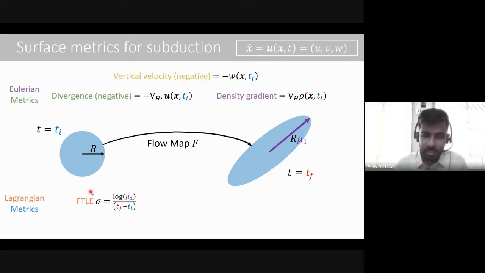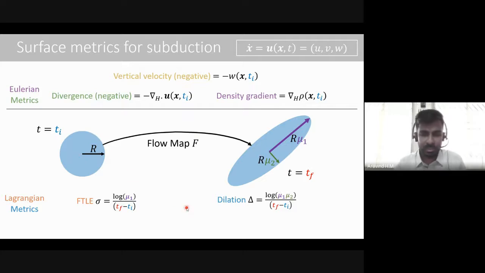So essentially, the metric FTLE tells you how much normal repulsion is there in one region. And for the other Lagrangian metric, I consider the other singular value as well. And considering the product of the two singular values lets me talk about how much area contraction or expansion is there associated with the initially circular fluid patch.